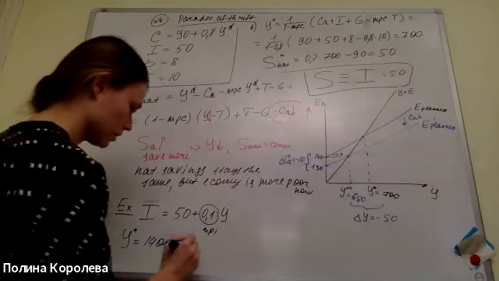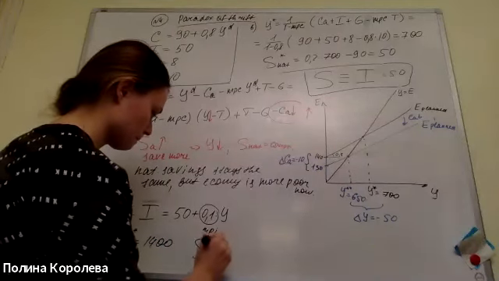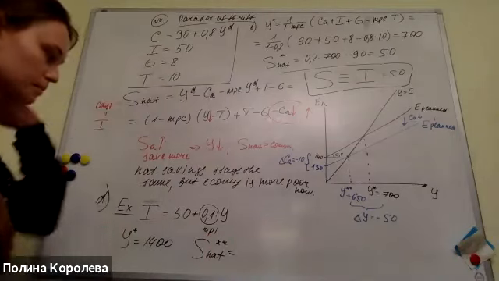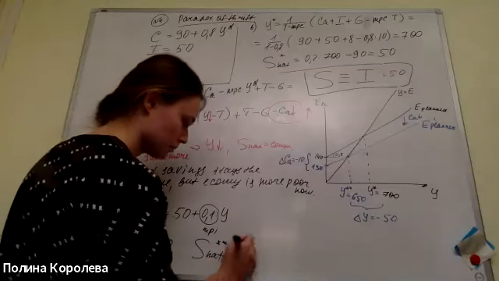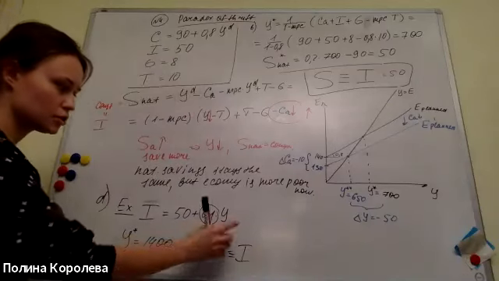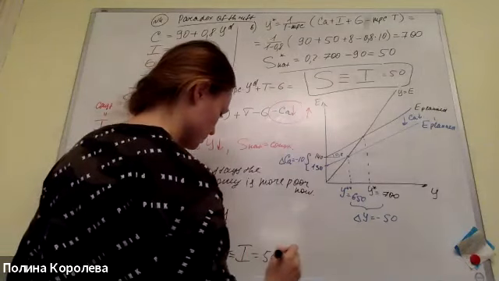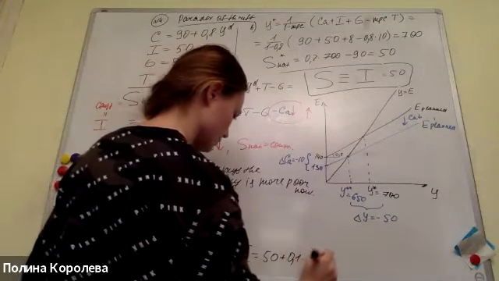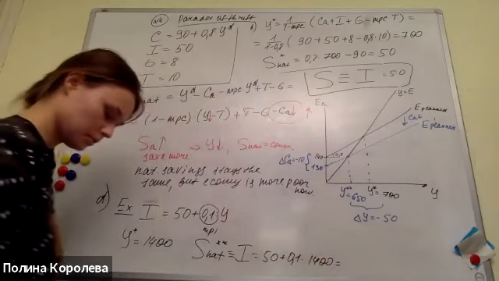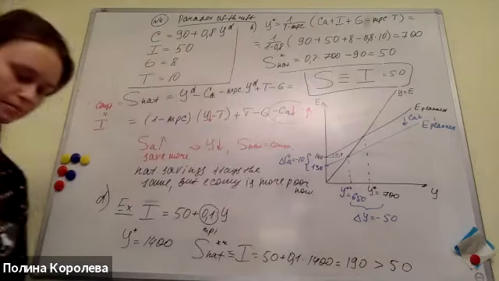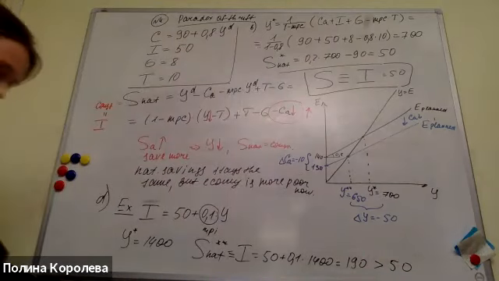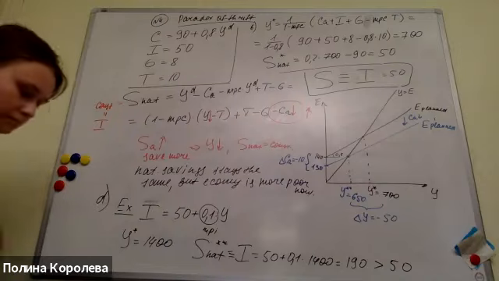And then national savings are equal to what? They're equal to investments always, yes? But investments now depend on GDP. For example, 190. And it is bigger than 50 right now. Yes?